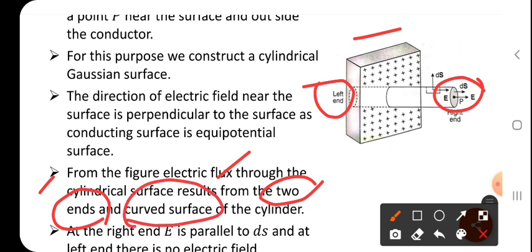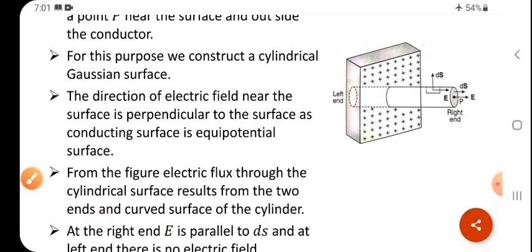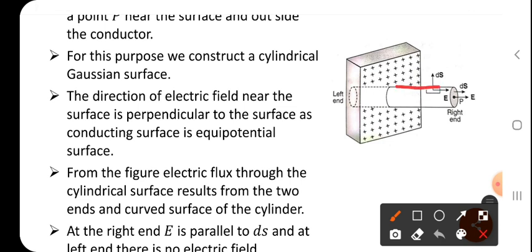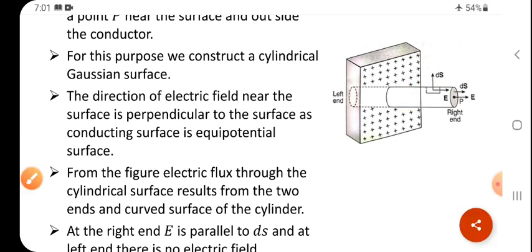See once again, this is the curved surface. Because of these three things we get flux, but among the three we get flux from only one. I will explain. See here.